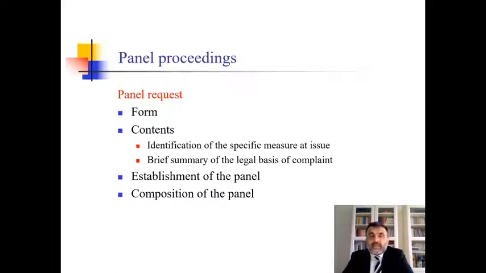Now, similarly to consultations, the establishment of a panel is also kicked off by the submission of a panel request, another document in writing submitted also by the complainant, which also identifies the challenged measures and the claims presented by the complainant.